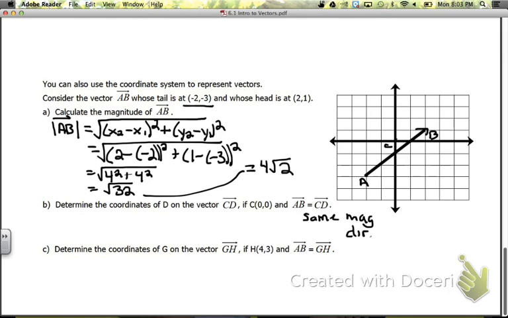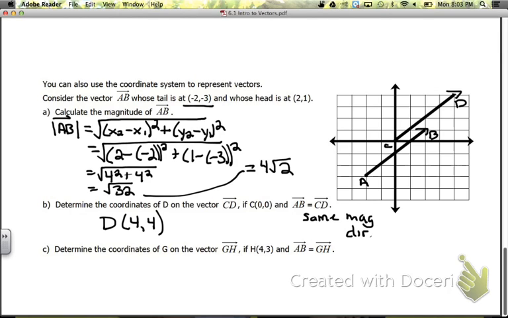So since D is our tail, we know that D is going to be our tail of this one. So C is our head, so we're going to go up 4, and over 4. Okay, so therefore our vectors will be the same magnitude and the exact same direction. So connect our C and our D, make sure we label that D as well, and put an arrow on the end signifying that D here is our tail. So therefore D is at point 4, 4.